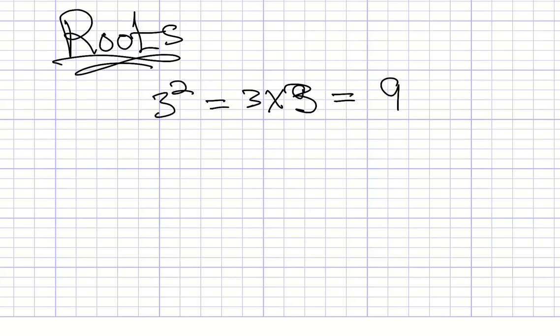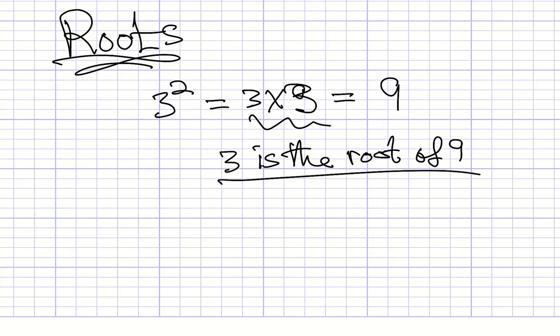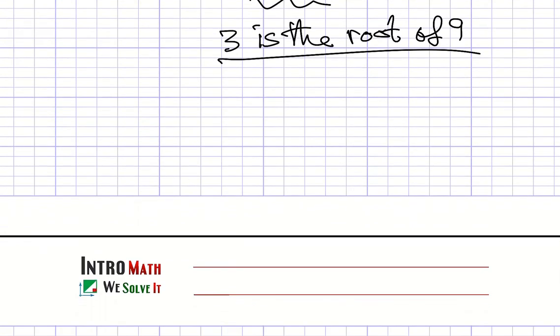Because we got the 9 through repeated multiplication of 3, they say 3 is the source of 9, or they say 3 is the root of 9, right? That's what they say, because if you multiply it a couple of times, you get 9.